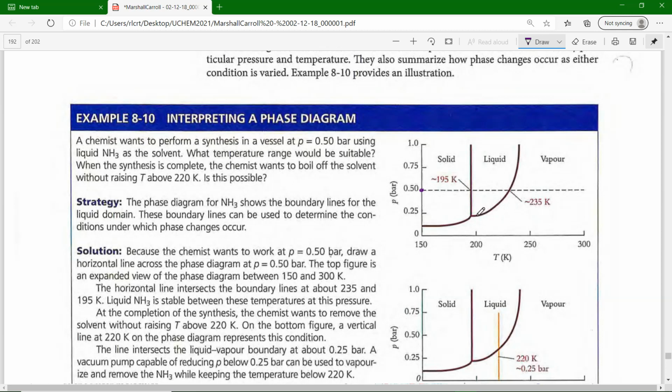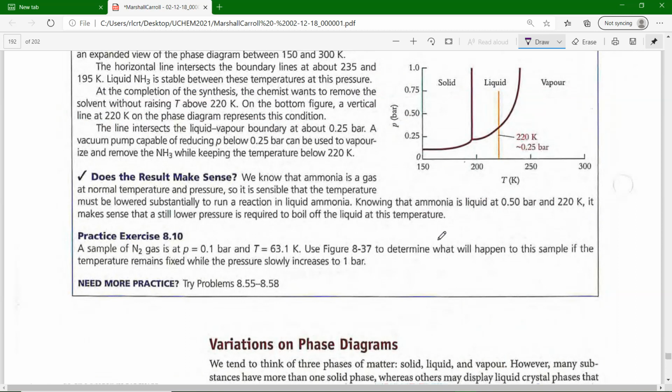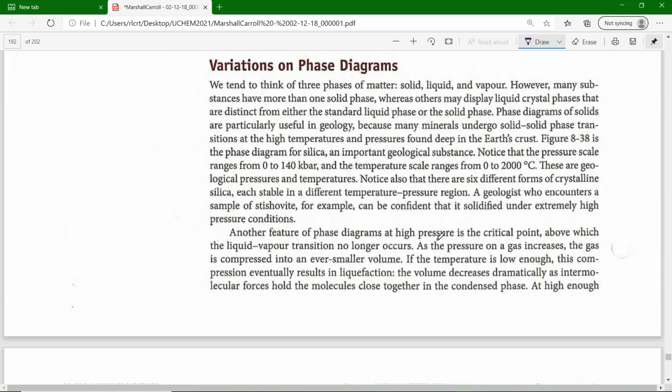Why is that? The chemist wants to boil off the solvent without raising the temperature above 220. So here's around 220. Yeah, 220 is around 0.25. So use a vacuum pump to decrease the pressure, and then the solvent will evaporate or vaporize. Okay. Then you can try the next one on your own.